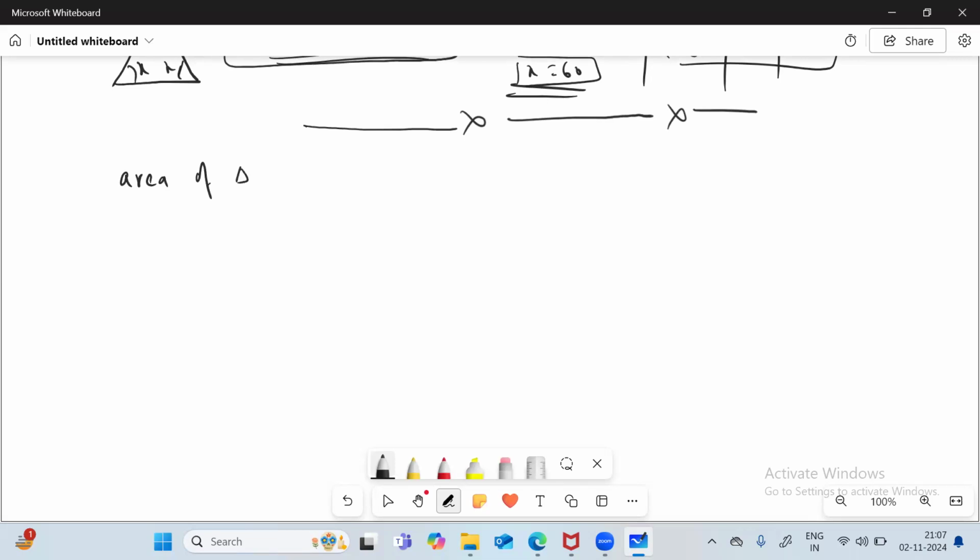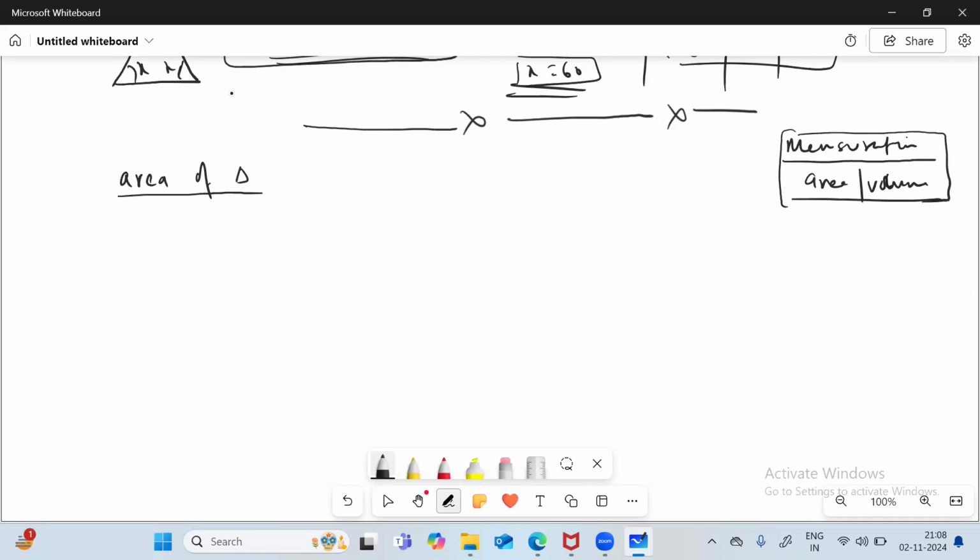Although we will have a very comprehensive lecture on mensuration, where we will be talking about area and volume, before this, in order to understand triangles, let's understand about the area of the triangle also. So before we go to the area of a triangle, let me ask you, what is area?